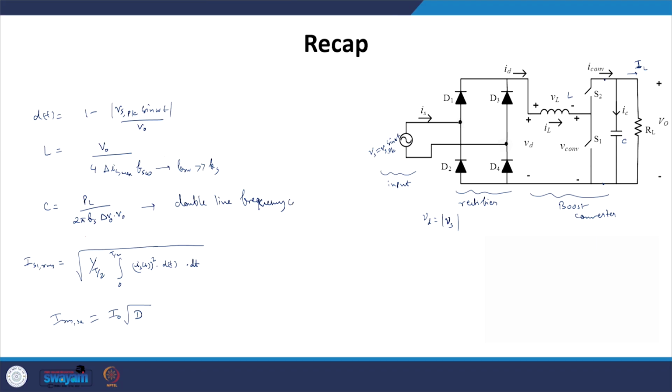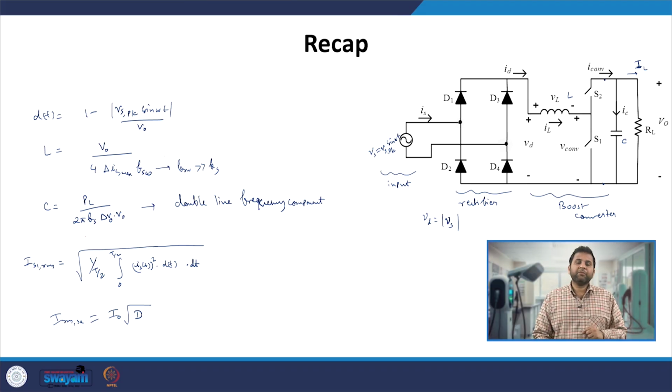Now this is one of the drawbacks of the single phase boost PFC converter, or of single phase AC to DC converters in general. The capacitor needs to be sized to limit that double line frequency component within the permissible limit, and that requires a good amount of capacitance, and thus it is one of the bottlenecks of single phase AC to DC converters.